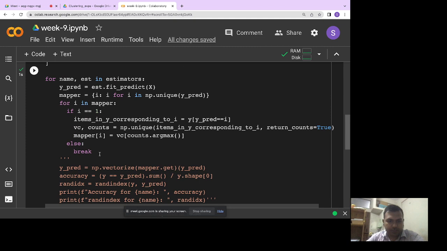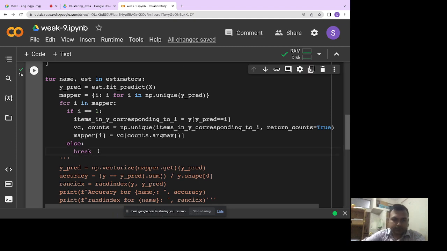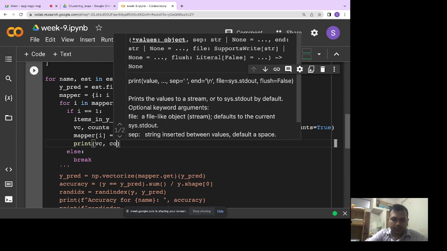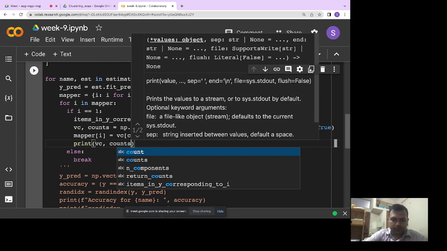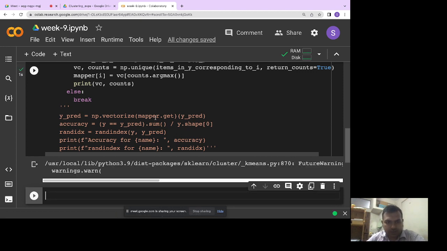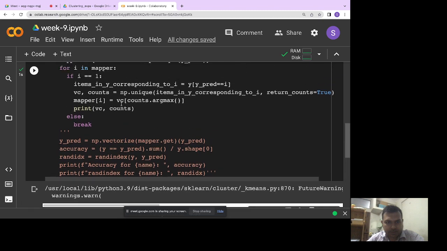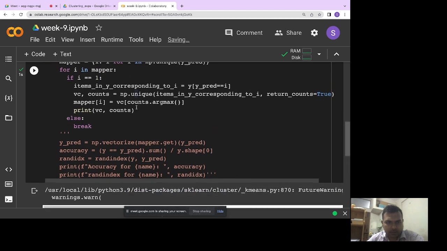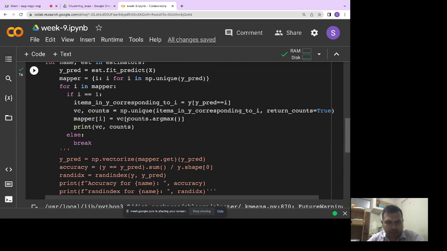Oh, I have not printed. Okay, let me print vc counts. Let's see, I should only run for k-means. If i equal to 1, why is it not printing?